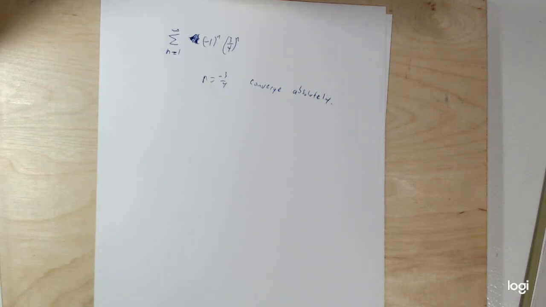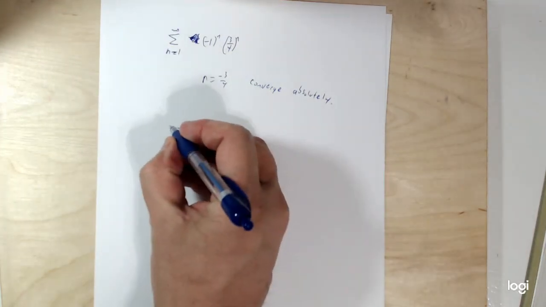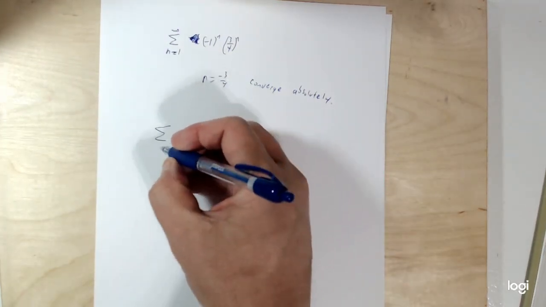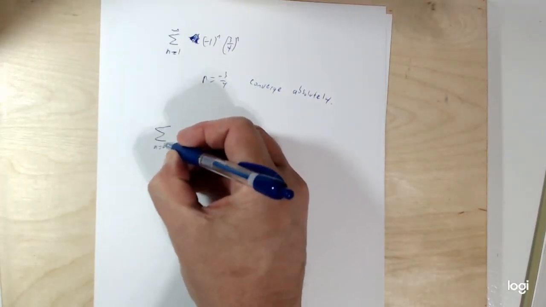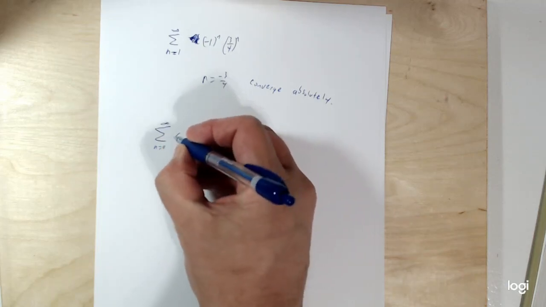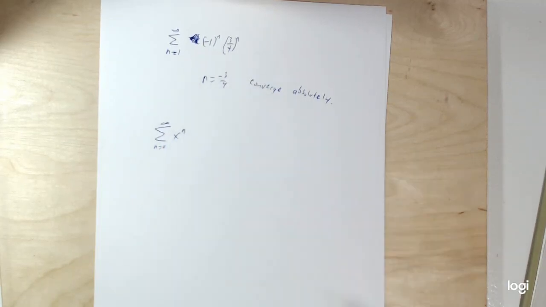Well, we only have really 1.5 sections left. The next 2 sections belong together, and that is dealing with, can we write a function in terms of a series? So what about the sum from n equals 0 to infinity of x^n? Now that's geometric.